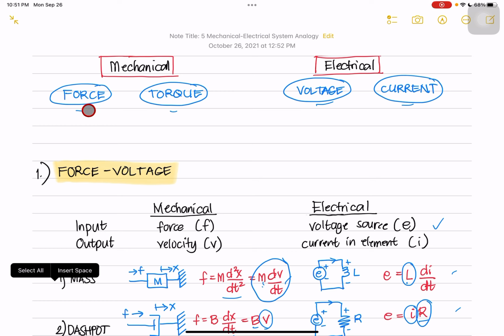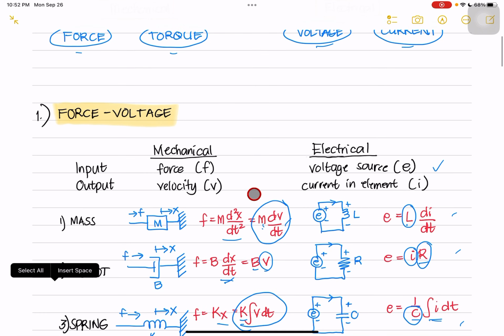So force can be represented in an electrical system with voltage input or current input. The same goes for torque in the rotational mechanical system. Both translational force and rotational torque can be represented as voltage or current sources.